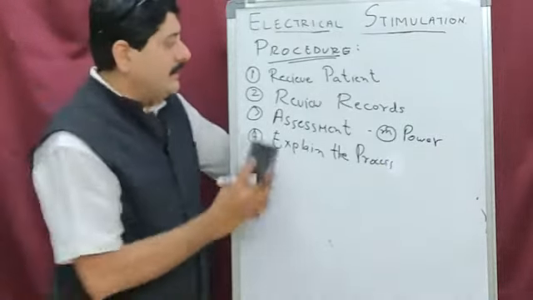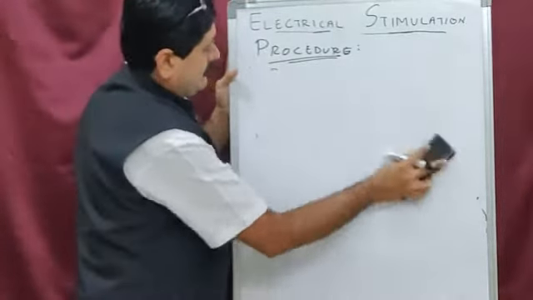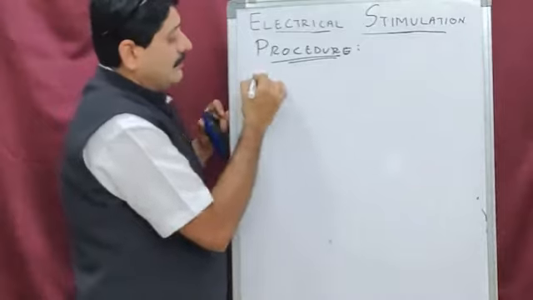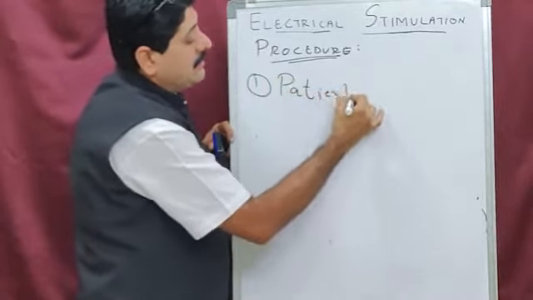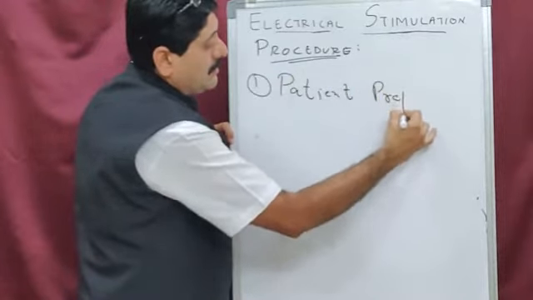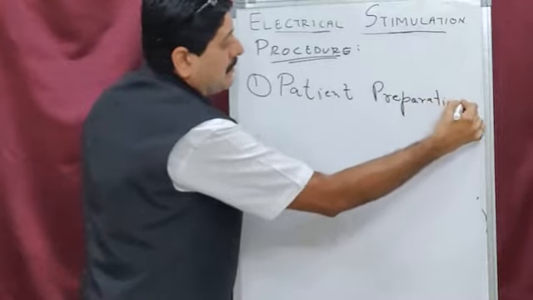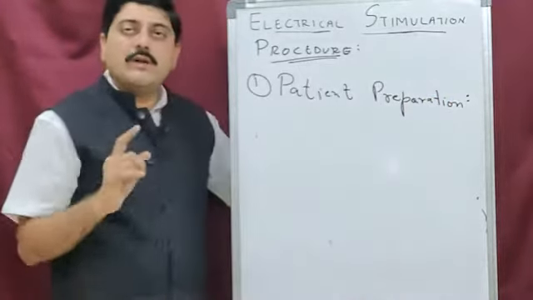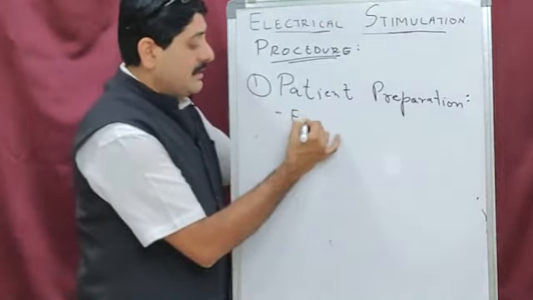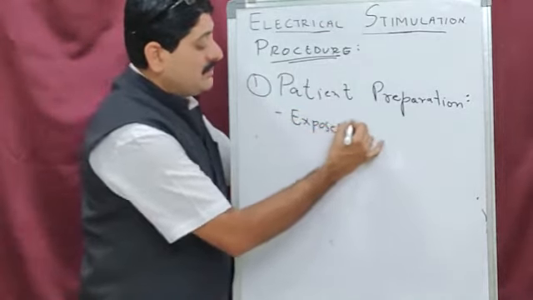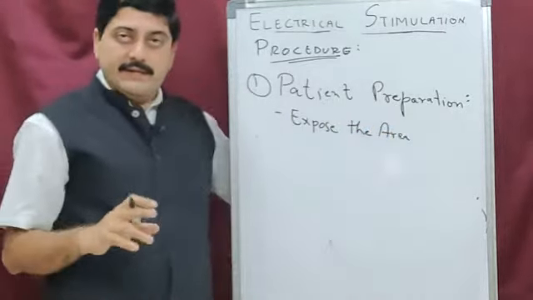Now what are you going to explain to the patient? So you have to go for number one, patient preparation. So what is patient preparation? The first thing is expose the area to be treated.